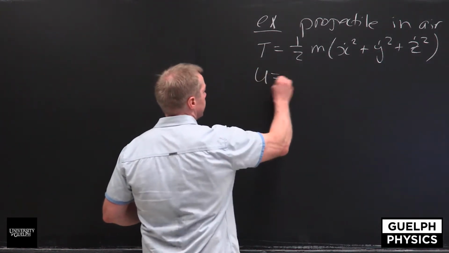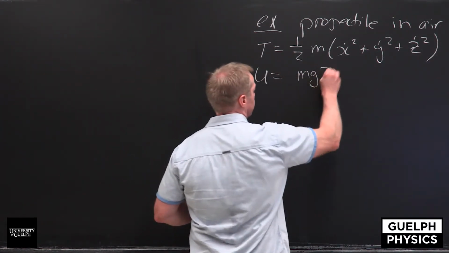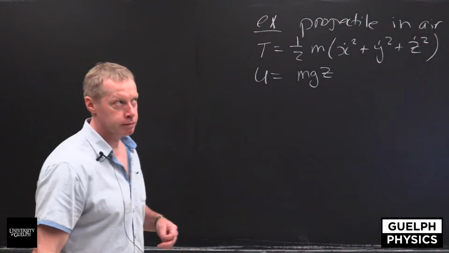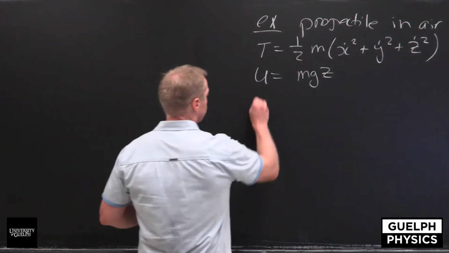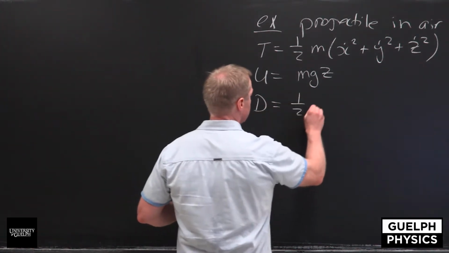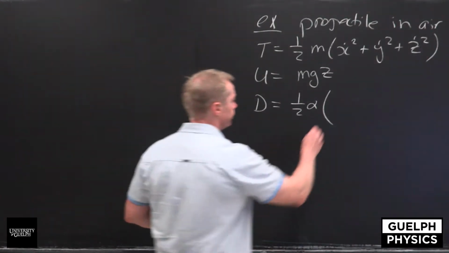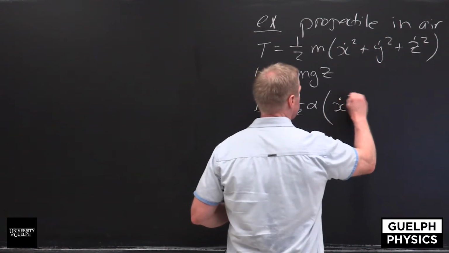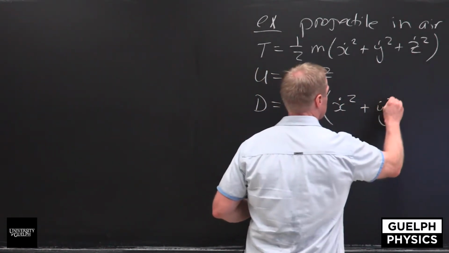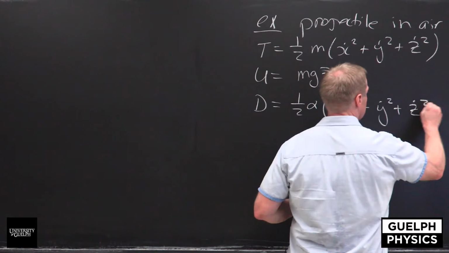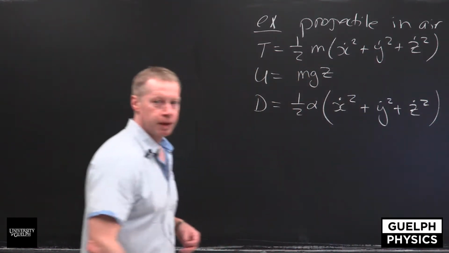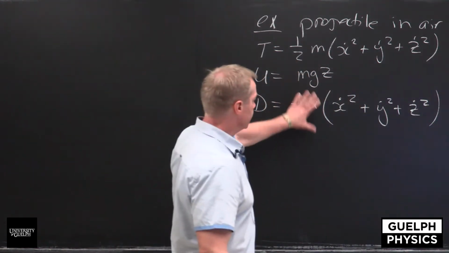We have a potential energy term that is just mgz. And we will have a dissipation function that we write as 1/2 alpha (x dot squared plus y dot squared plus z dot squared). So it's a uniform medium.